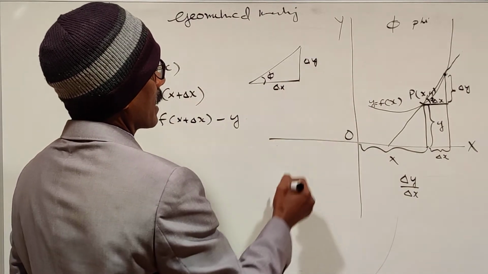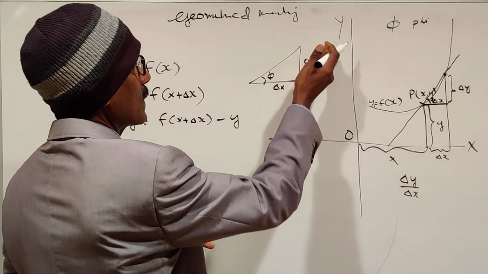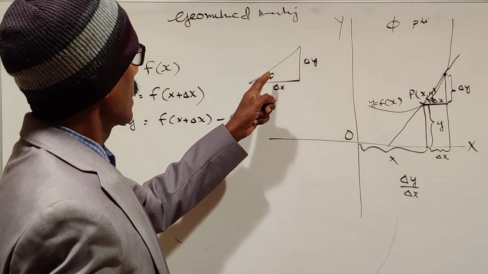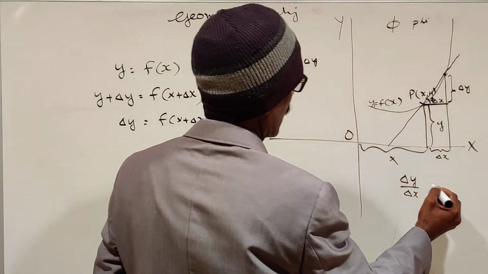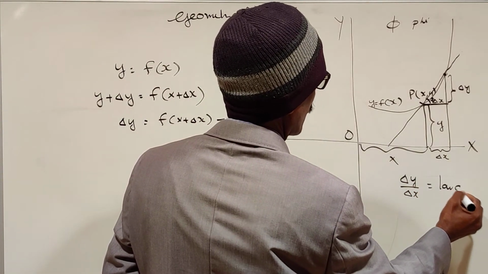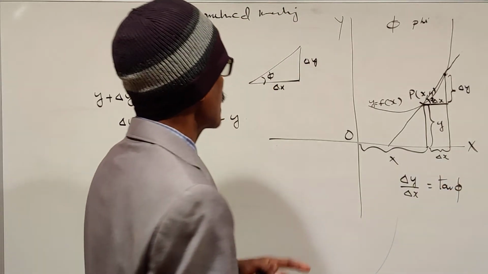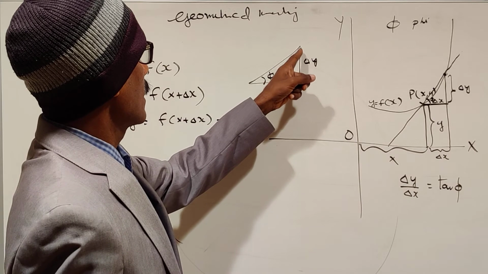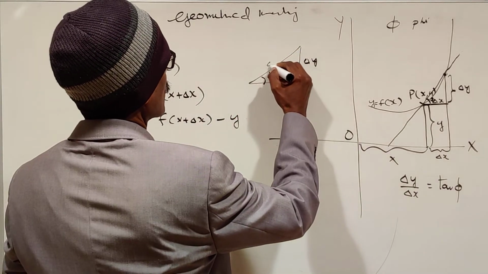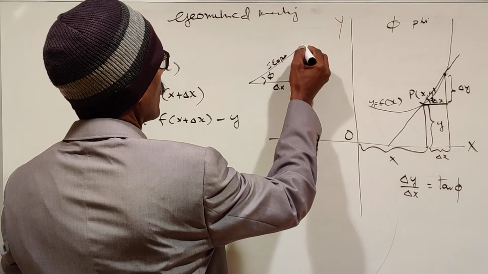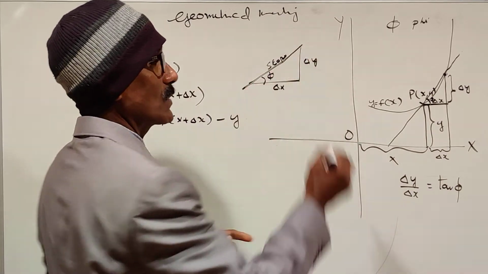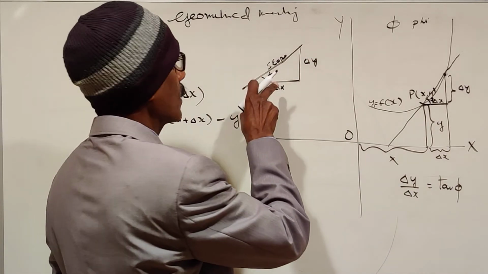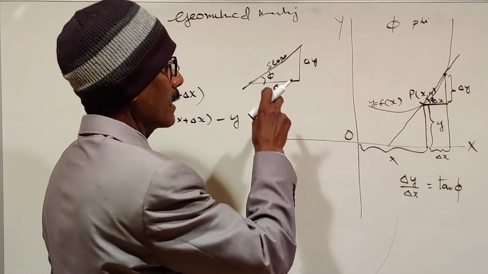What is delta y by delta x? Opposite side by adjacent side is tan phi. What is the meaning of tan phi? It is the tangent of this angle, which means the slope of this line. How can you find the slope? Just find the tangent of that angle.